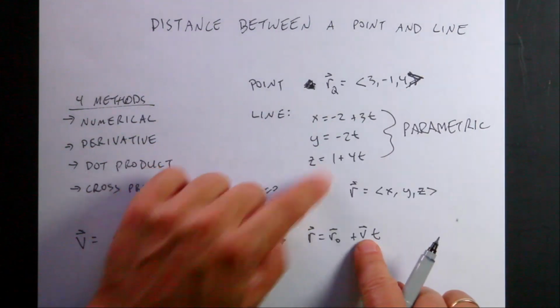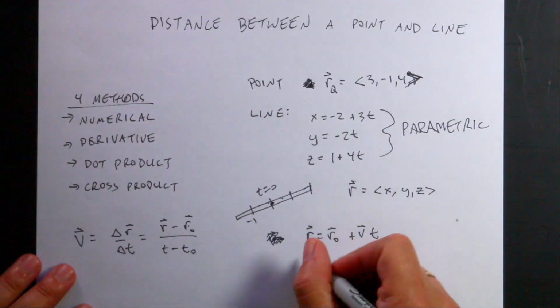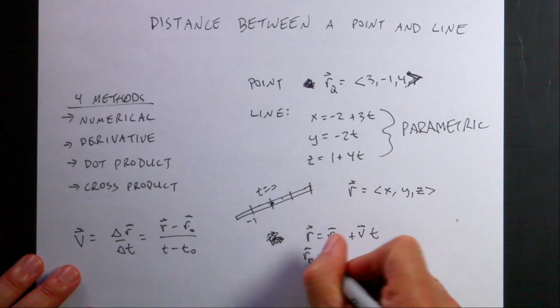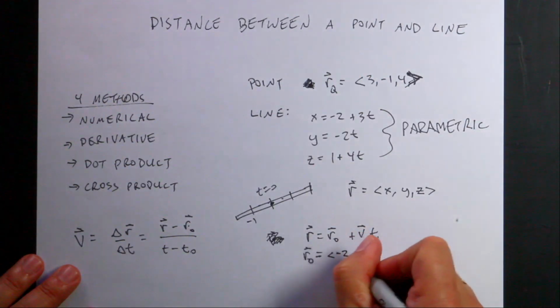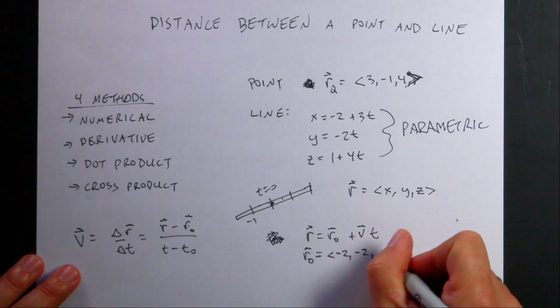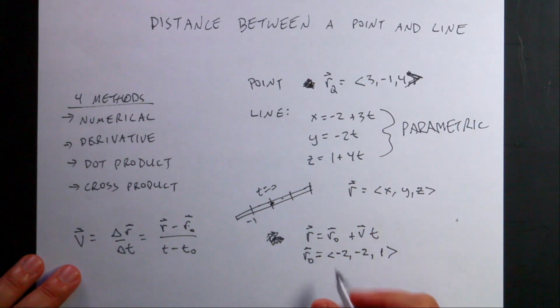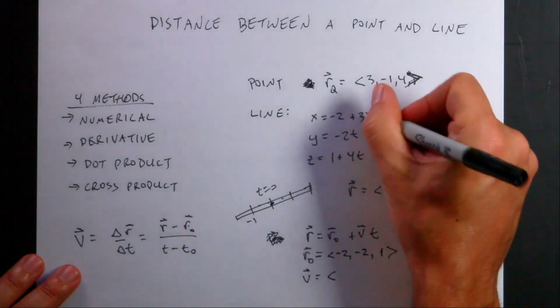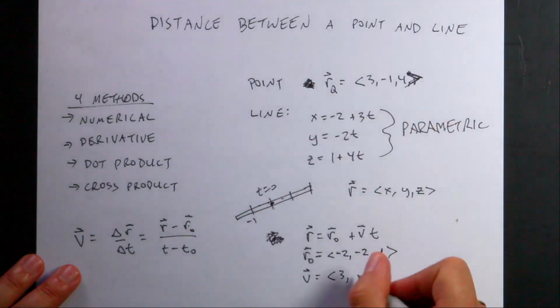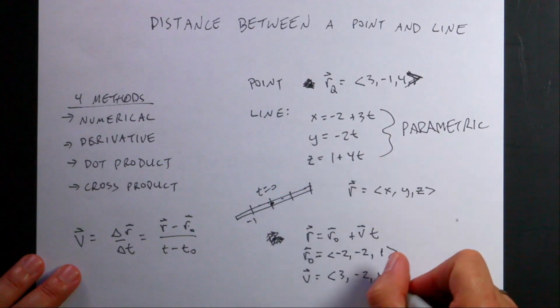Because that's my t, everything in front of that would be my v. So r0 in this case would be this initial value, so that would be negative 2, 1. And v would be equal to 3 in the x direction, negative 2, 4.